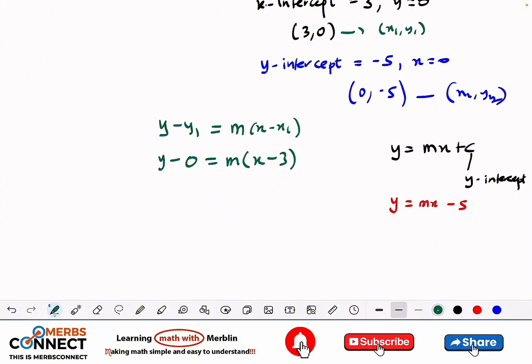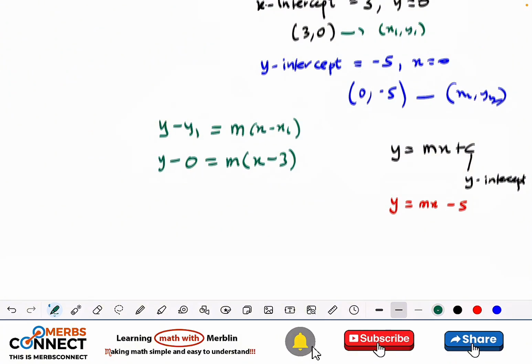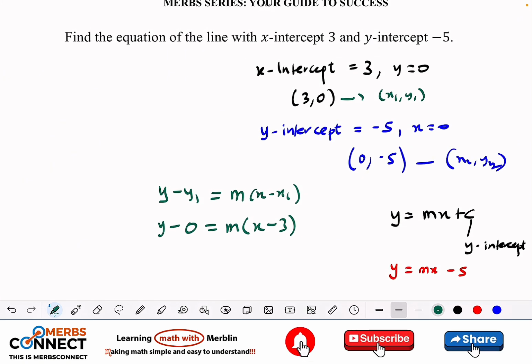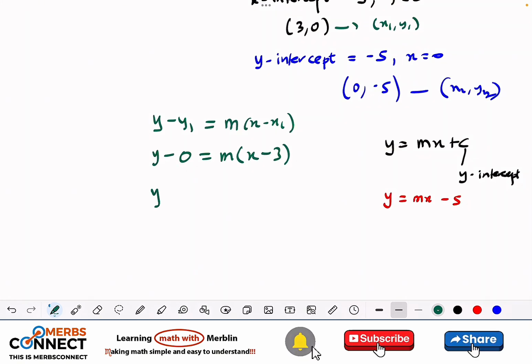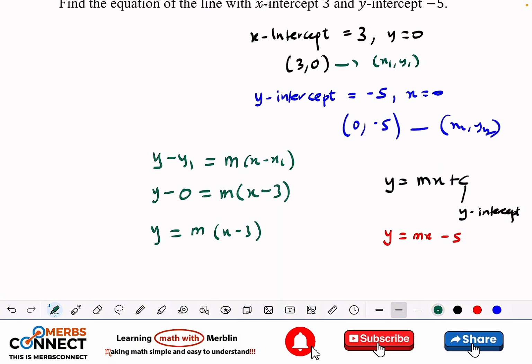So this is going to give me y is equal to mx minus 3m, or let me just maintain it, x minus 3. So what we need here is we just need to find the slope. That's the only hard work that we are going to go through.